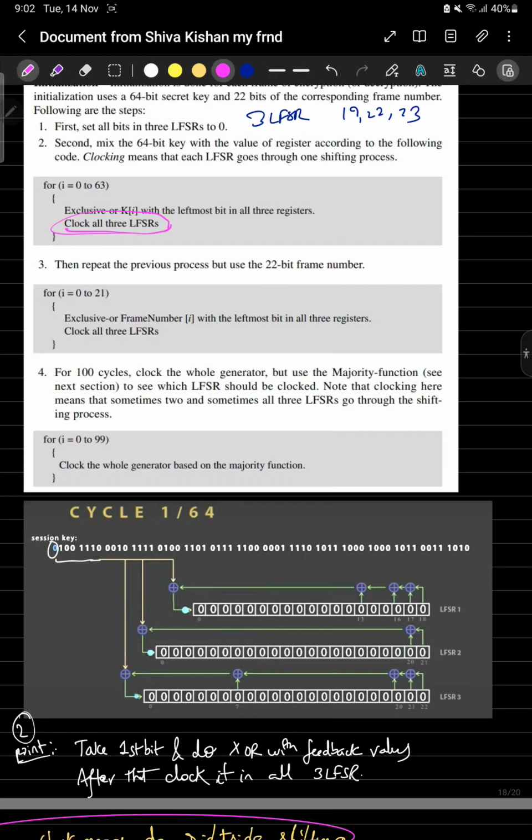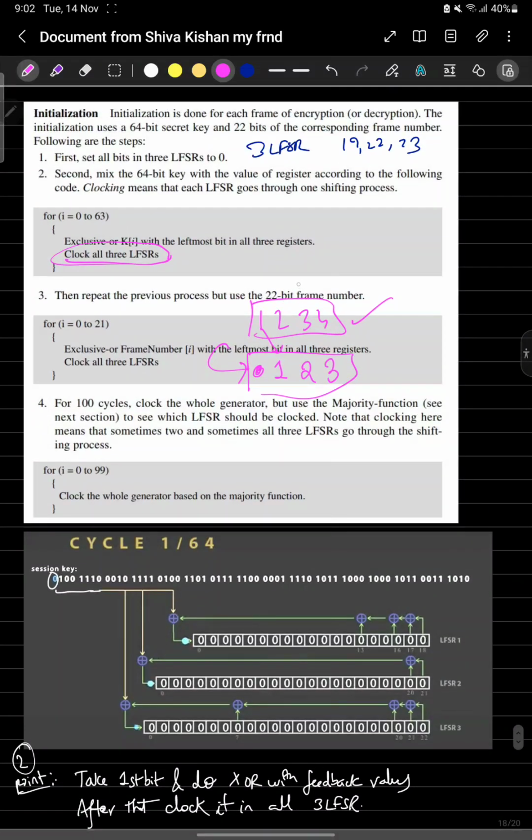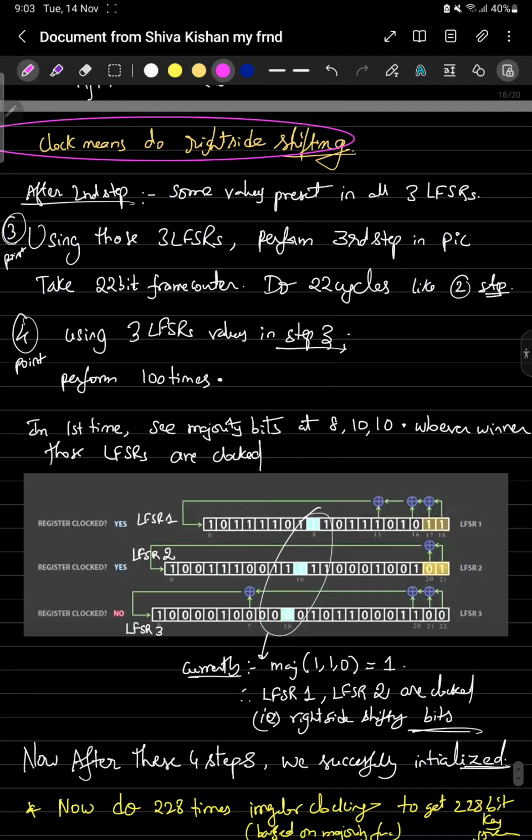Let's say I have 1, 2, 3, 4 in a register. Clock this register, and now it becomes 1, 2, 3, and the new value you get from the feedback. This is called clocking. Clocking means just a right shift. Similarly you will do it for the 22-bit register.